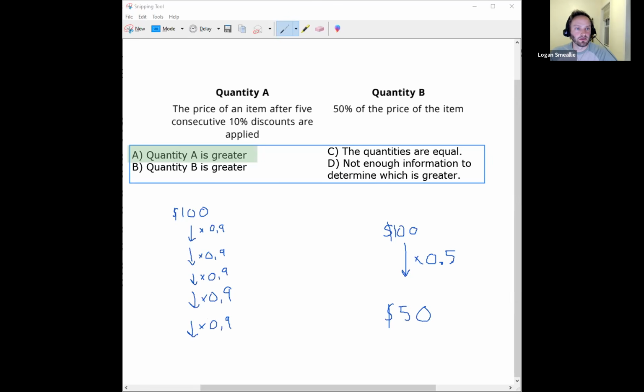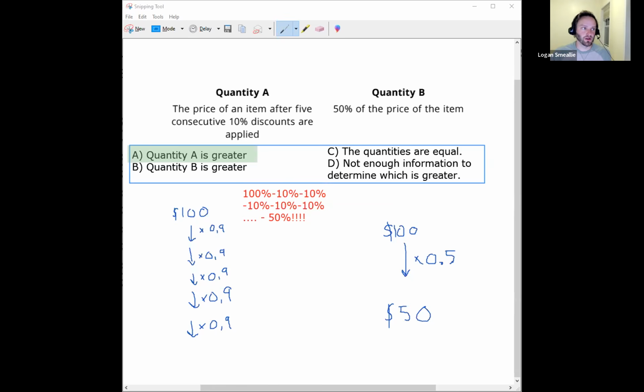I can't say 100% minus 10% minus 10% minus 10% minus 10% minus 10%, and then minus 50%. It's very tempting to say the minus 50% is the same because it's 5 times minus 10%. So why wouldn't it be minus 50%?